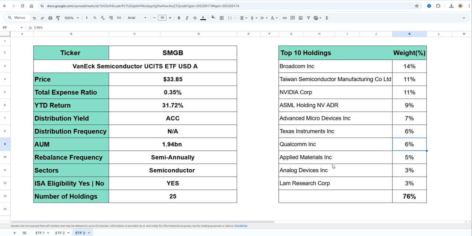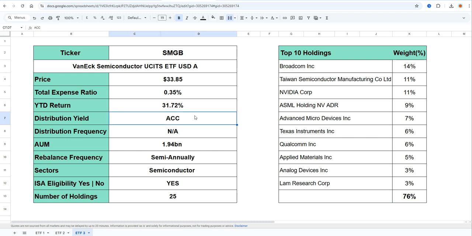Qualcomm has done decent. And then also this one as well. I think the top three have done an absolutely amazing job this year, but the rest of them kind of underperformed the S&P 500, if I'm correct. 76% comes from the top 10 companies, which is very interesting as well.